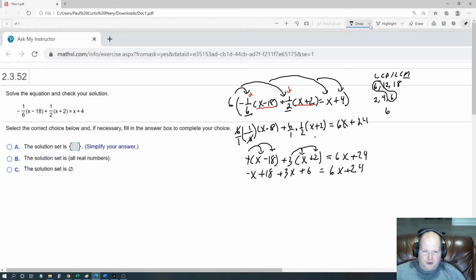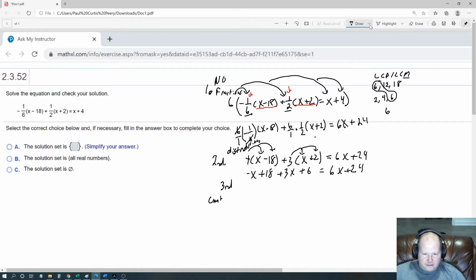So the first step was to get rid of fractions, and the second step was distribution.